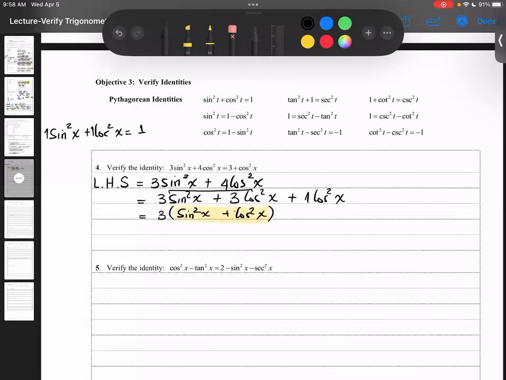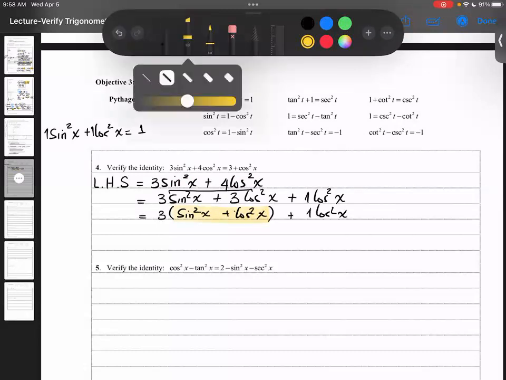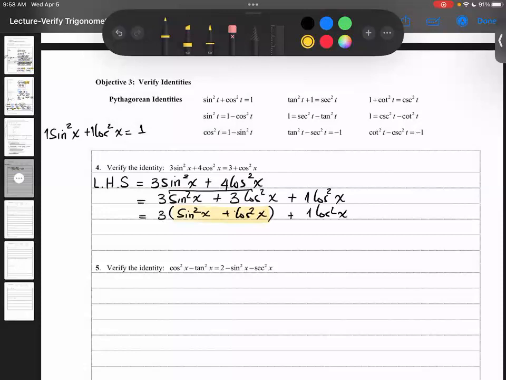Don't forget the last one, 1 cosine squared x. It's equal to 1. 3 times 1 is 3, plus cosine squared x, which is equal to the right-hand side. Done.